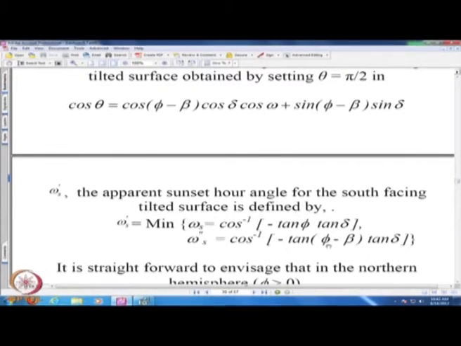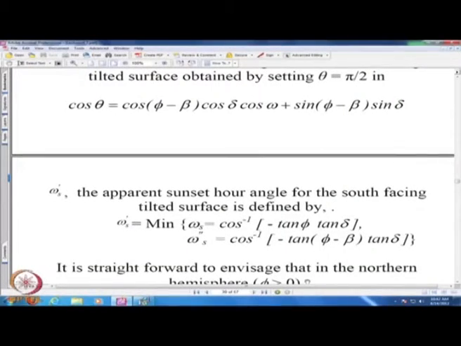So, if this is higher, I have to limit it to this. In other words, it is like trying to look into a well: the angle at which you are able to see is possible and feasible, but the wall of the well comes in the way and you can't look into the well. The sun's rays, if the sun is above the horizon, will be parallel to the given tilted surface, but you should limit it to this one.